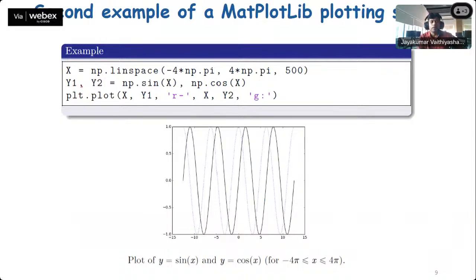We combined x and y. This entire function, whatever you got, is stored in y1, and what it computed for cos is stored in y2. So we reduced the number of lines. It is up to you how you want to write the program. If you are writing scripts for the first time, do it step by step. Once you master it, try to combine lines and use shorthand notation.